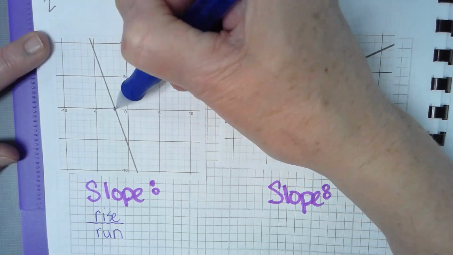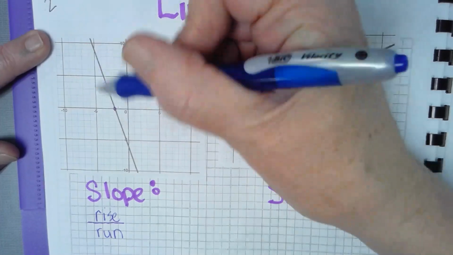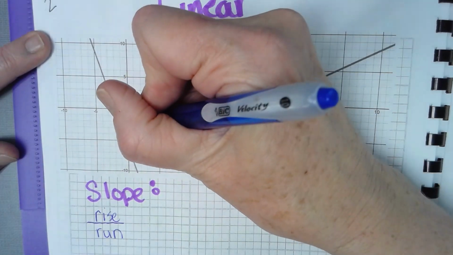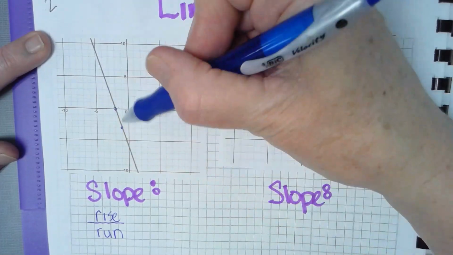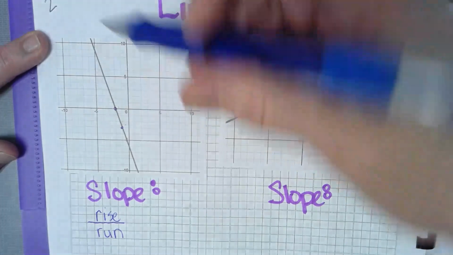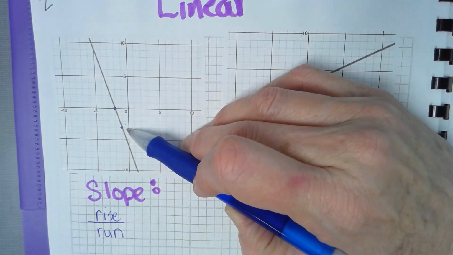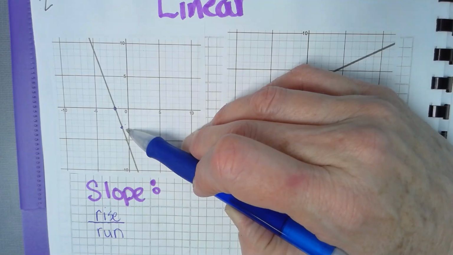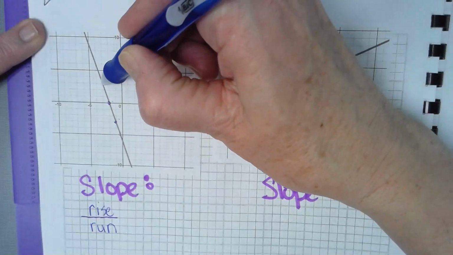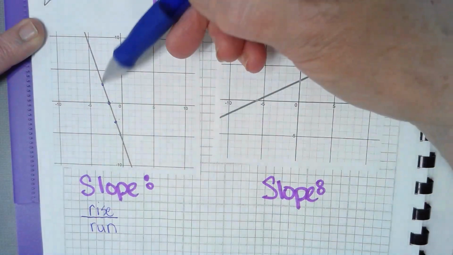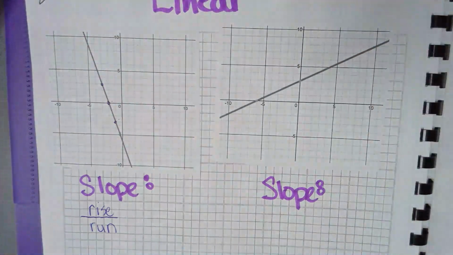Right here is a great ordered pair because it goes through the corner of the box.